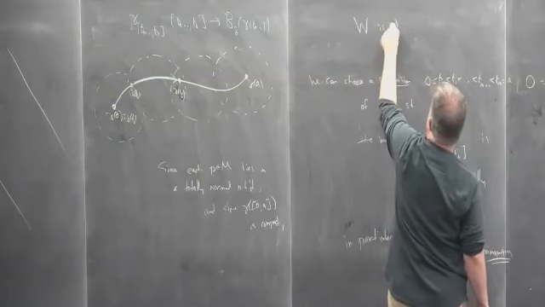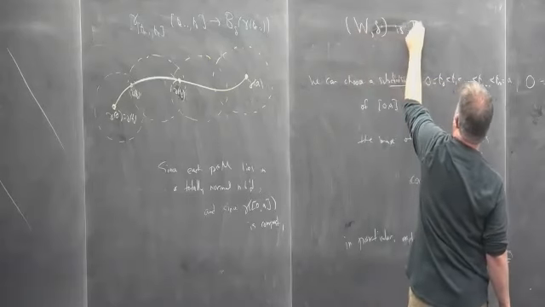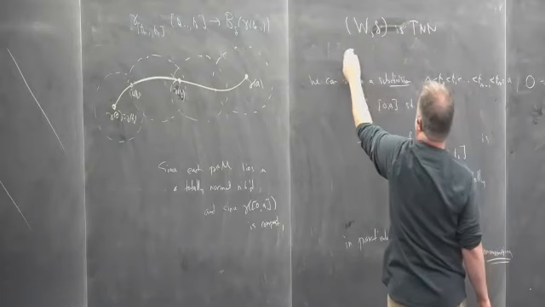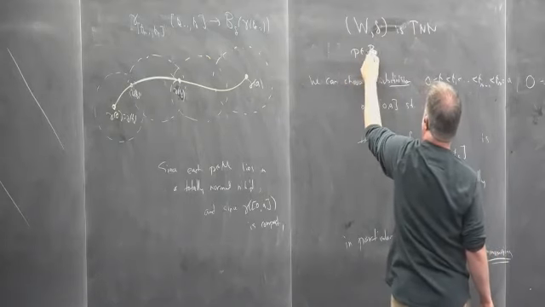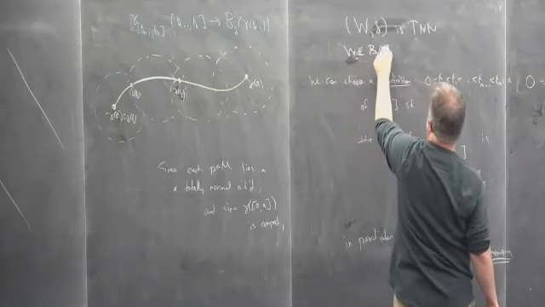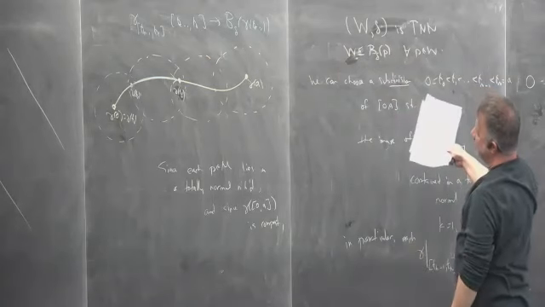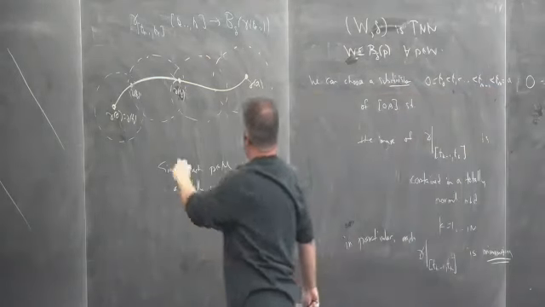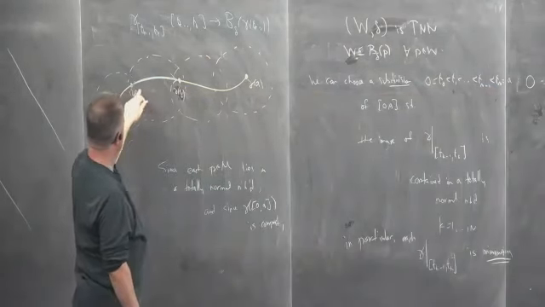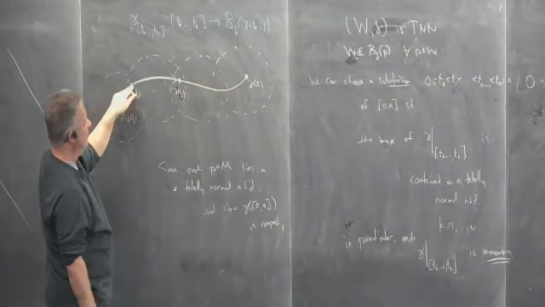Remember what it means to have a totally normal neighborhood. Let me say W, delta is a totally normal neighborhood means that W is contained in B delta of P for all P in W, right? So for any point in W, I haven't drawn the B deltas. These aren't centers of geodesic balls, right?